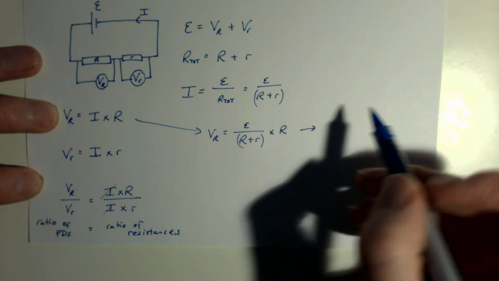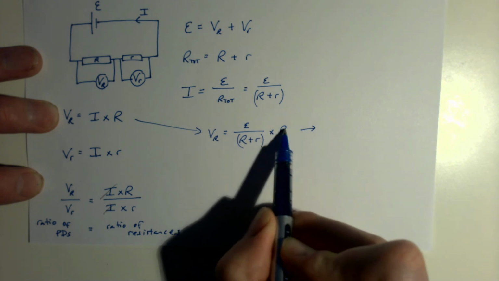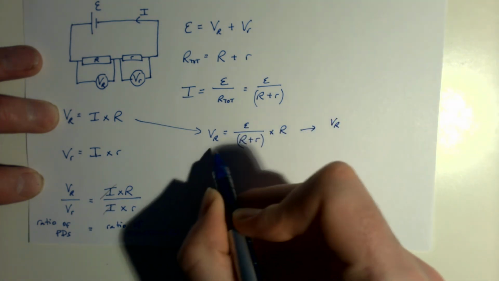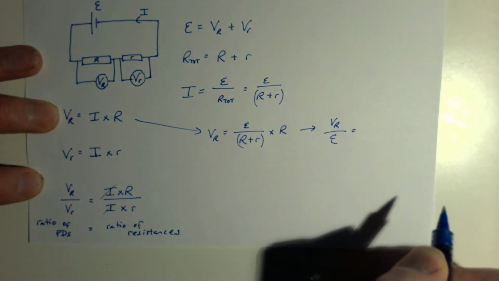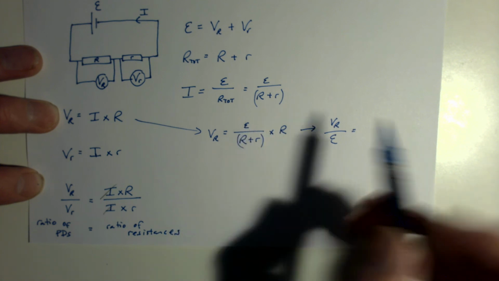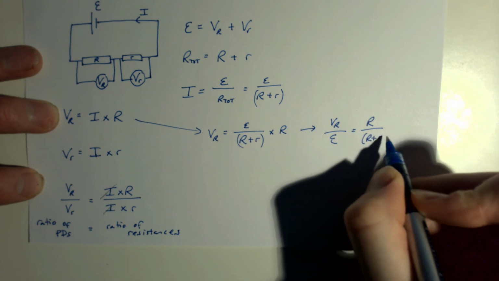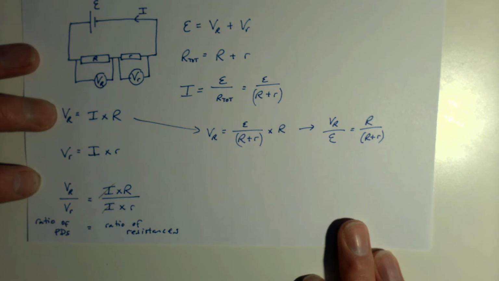That equation can be rearranged if we divide by the EMF, and that R will just go on the top of the fraction. So divide by the EMF puts it down here, that's the left hand side. And then this is already kind of on the top of the fraction. Can you see this is another ratio?